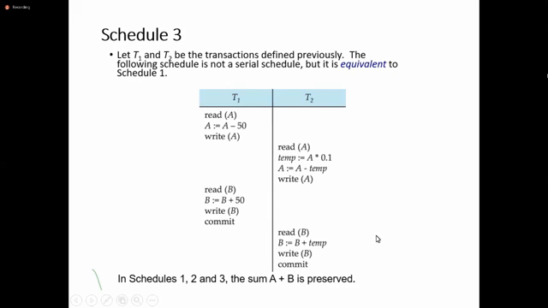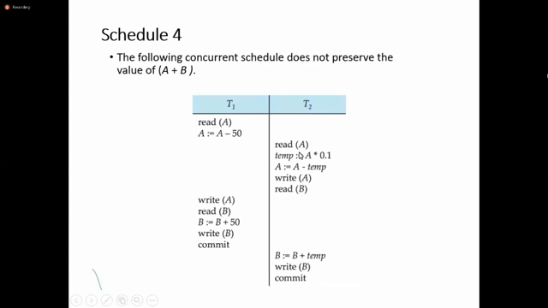Some schedules are equivalent to other schedules, but with a different time period. The following concurrent schedule does not preserve the value A plus B: deduct that money, read, write A temp, read B, then write A. Then read B, add the 50, write B and commit.